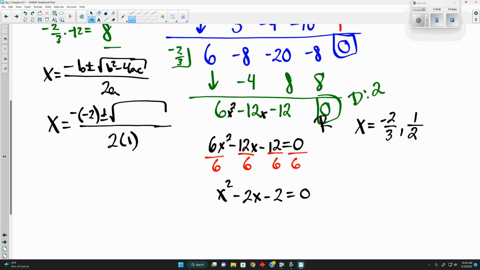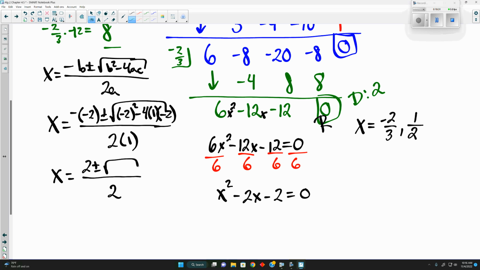So we have b squared, yes? So we could say negative 2 squared minus 4 times a is 1 and c is negative 2. X is equal to 2 times 1 is 2. Negative negative 2 is positive 2.